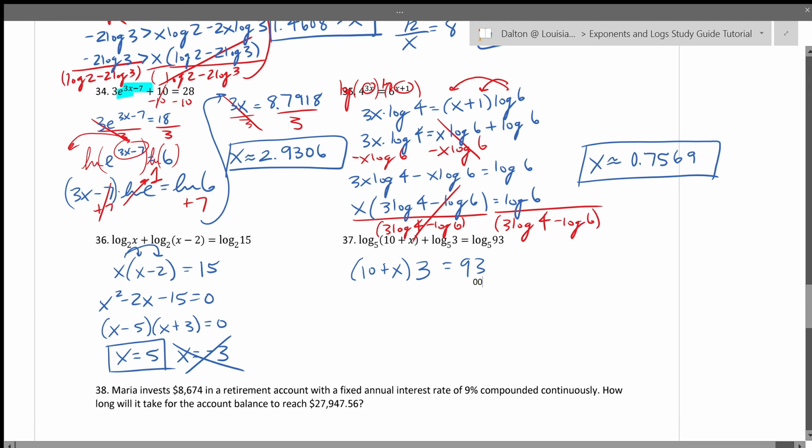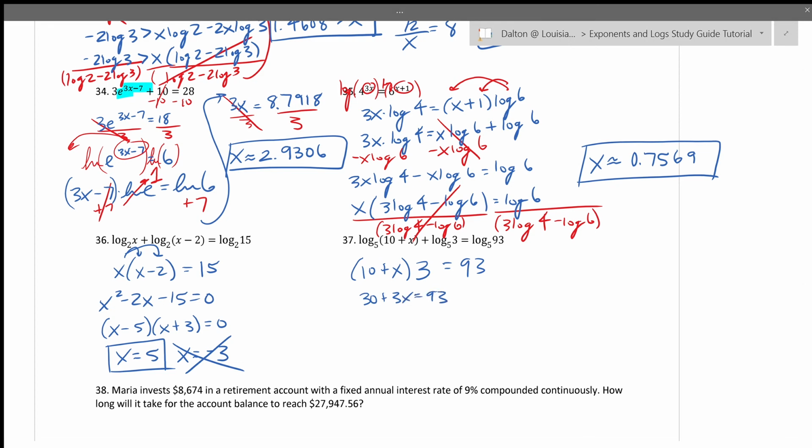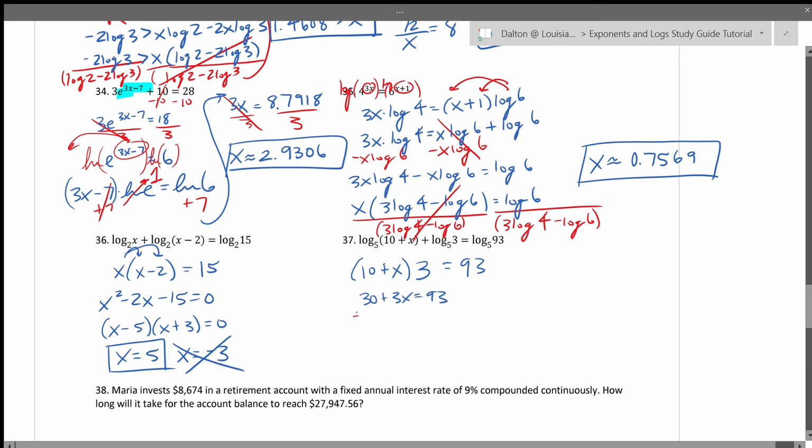So then distribute this 3, which will be 30 plus 3x equals 93. And then I want to solve for x. So I'm going to subtract 30 from both sides. So I get 3x is equal to 63. Divide both sides by 3, end up with x is equal to 21.